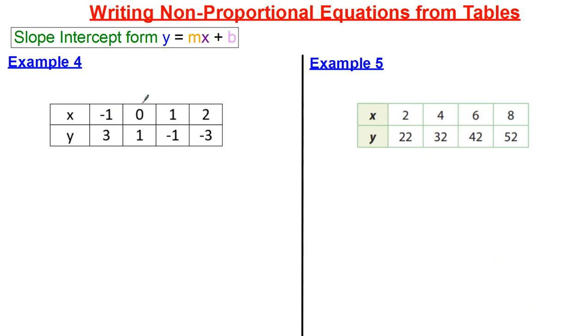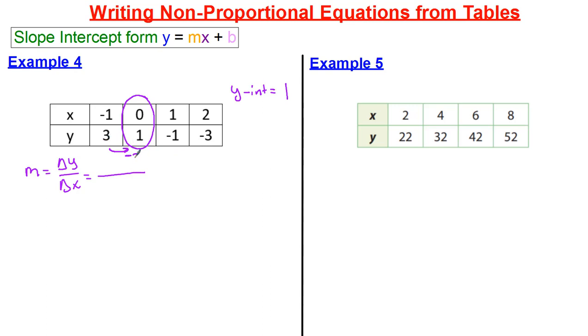Okay? So, good news, I have my y-intercept. When x is equal to 0, my y-intercept will be there. So my y-intercept is going to be equal to 1. Alright, good. Now, let's figure out our slope. Our slope is our change in y over our change in x. So my change in y, I go from 3 to 1.